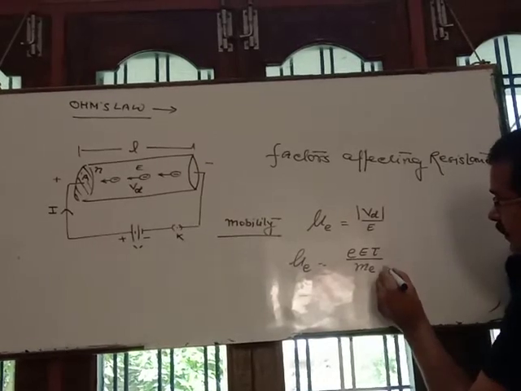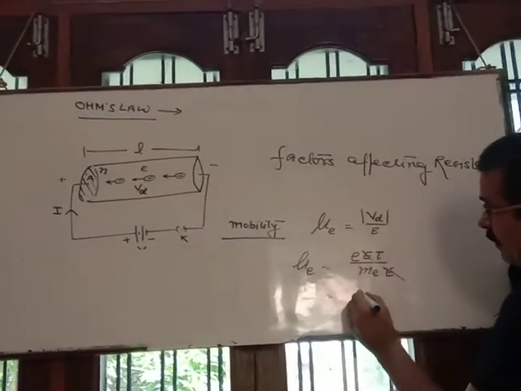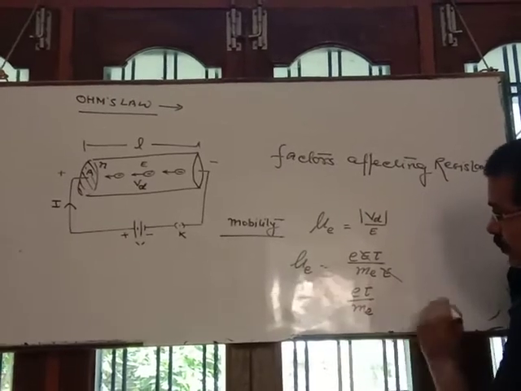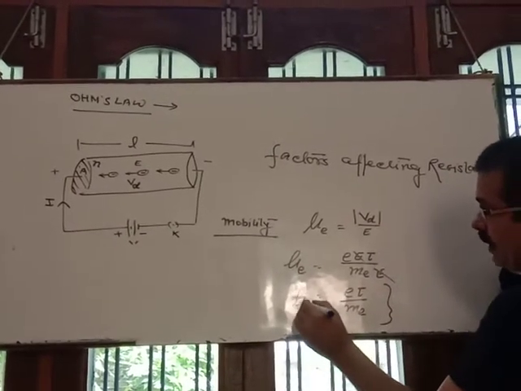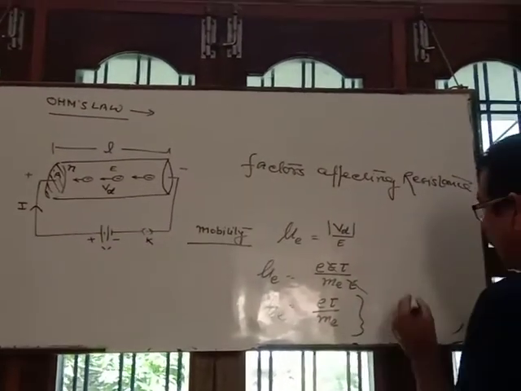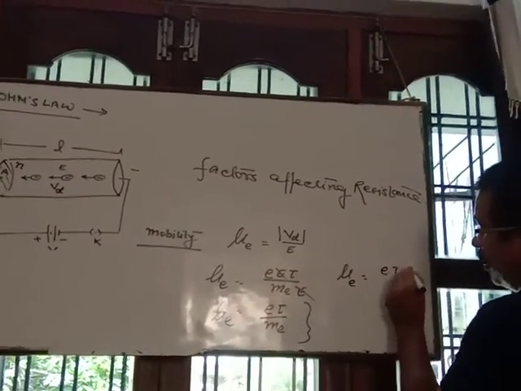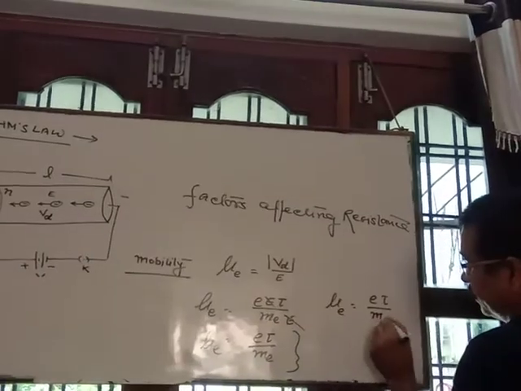Divided by capital E, E gets cancelled, it becomes small e tau by mass of electron. So this is the mobility of electron. And mobility of proton becomes e tau by mass of proton.